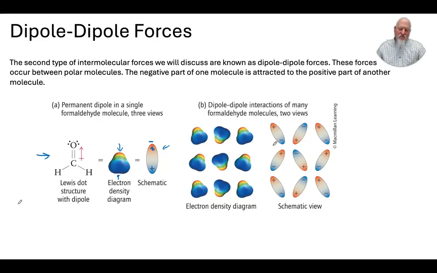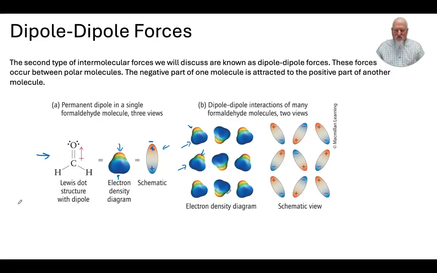So if we put a collection of molecules together, if this is a liquid, they're always moving around, but as they move around, there are going to be some preferred orientations, right? So if this molecule is next to this molecule, and this is the negative end, this molecule is going to try to rotate to put its positive end with the negative end, and so on.